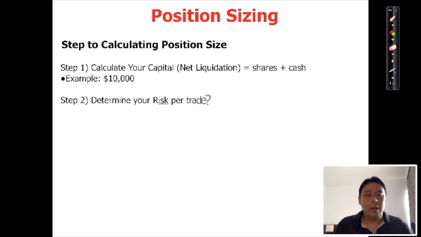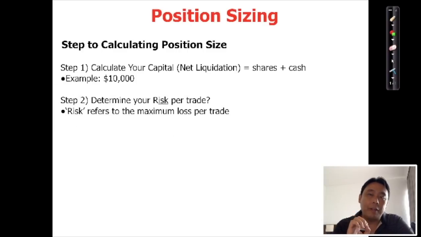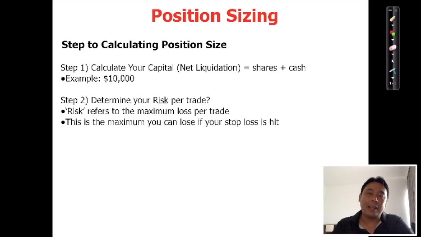Step two is you must determine your risk per trade. What does this mean? Risk refers to the maximum loss that you can take per trade. This is the maximum that you can lose if your stop loss is hit, because as a trader, we always place our stop loss at a certain level.